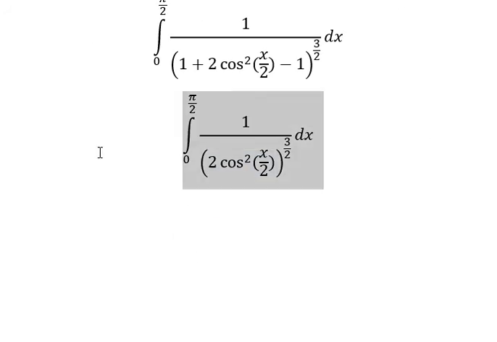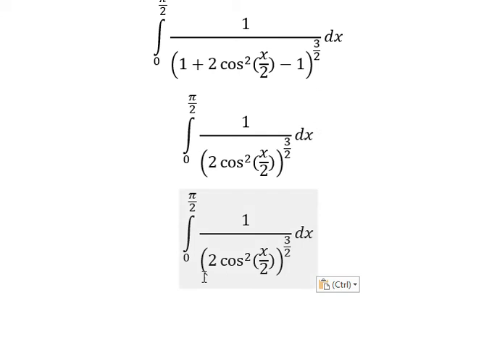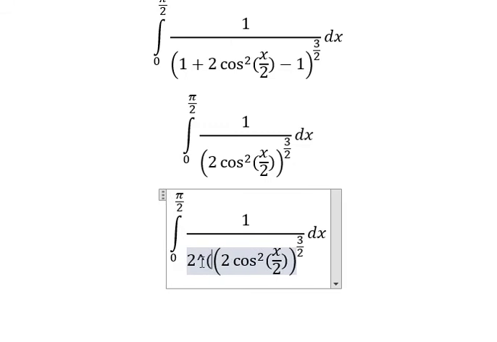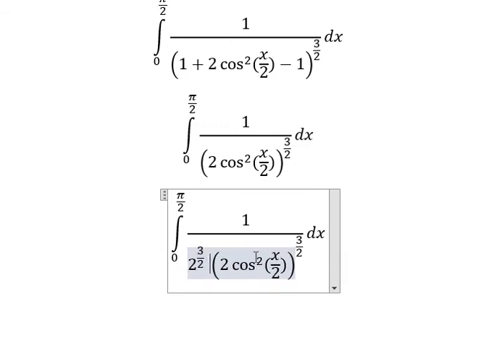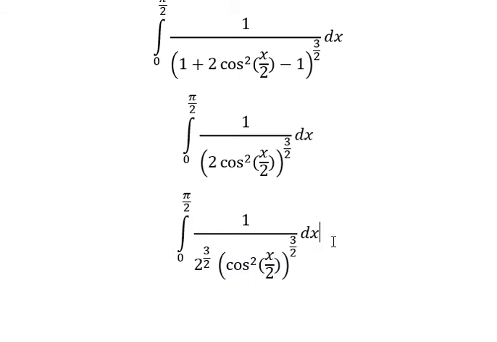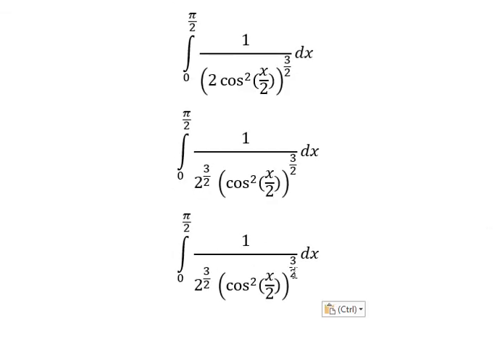Next, we have number 2 to the power of 3 over 2. We put in here. Cosine s over 2 to the power of 2 with the power 3 over 2.